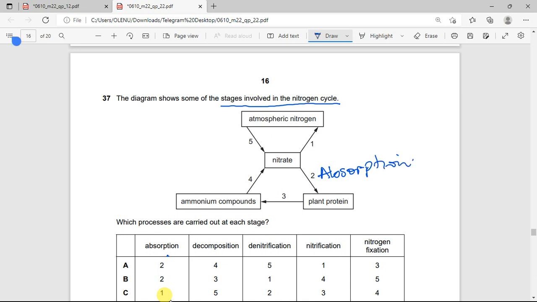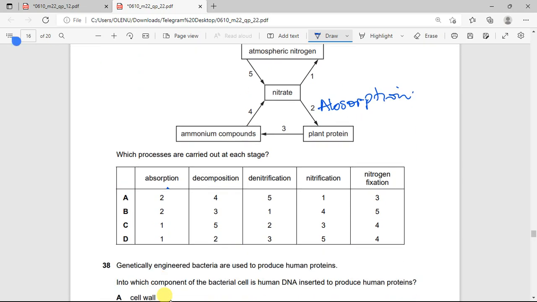So my answer will be between A and B. This is absolutely wrong. Now, what about decomposition? Once this plant dies, it will decompose, so 3 will be decomposition. I have 3 here, I don't have 3 here. My answer to this question 37 will be B. Don't need to go through.